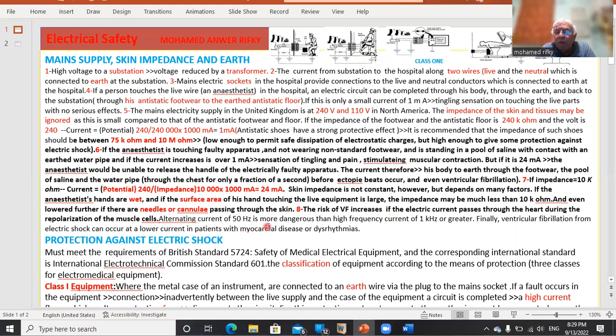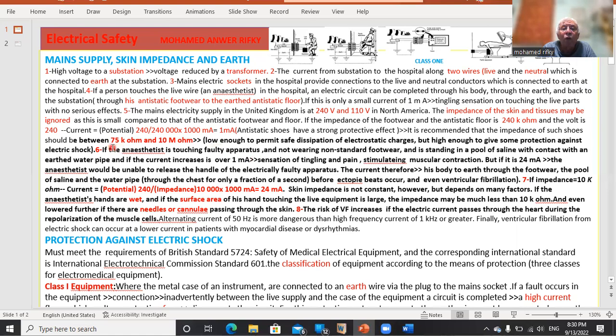Of course, high frequencies are less likely to cause ventricular fibrillation, but low frequency, as you can see, in 50 hertz can induce ventricular fibrillation. Of course, the current also easily goes through patients with myocardial disease and dysrhythmia. The voltage in the United States is only 110, and in England 240, and most of the countries.